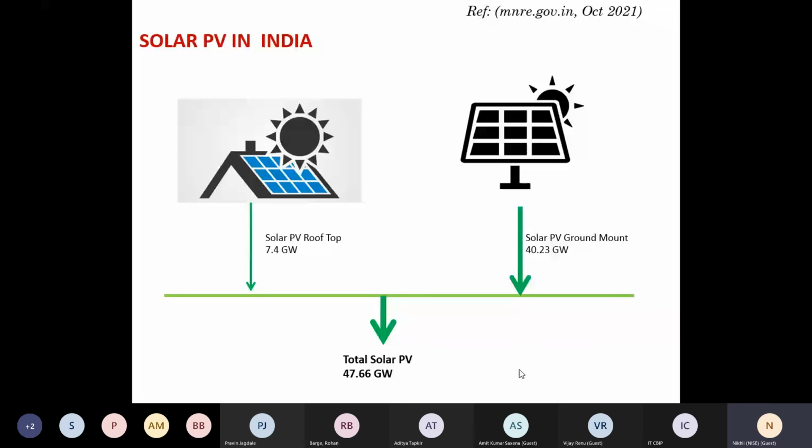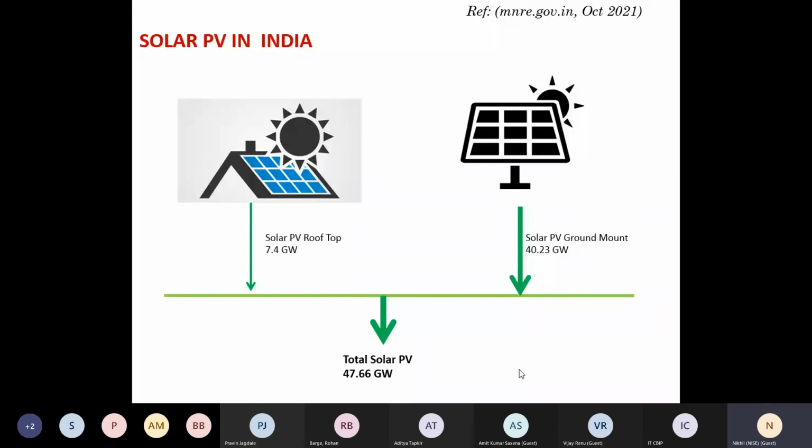The consumer who wants to consume energy, when he produces that energy in his own premises, we call them a prosumer, who produces whatever they consume. Otherwise, they are just consumers. So prosumers produce their own energy and consume it in the same premises. Premises generally have a rooftop space, which is a more feasible area to install. That is why most solar rooftop is a prosumer category business in India.